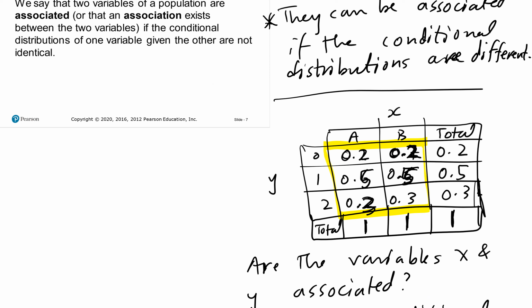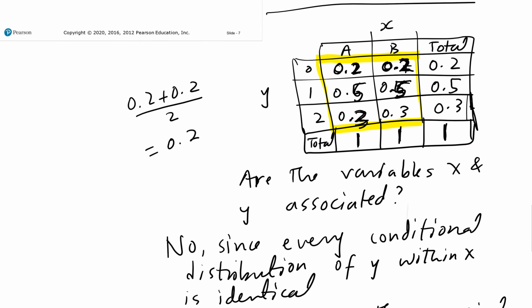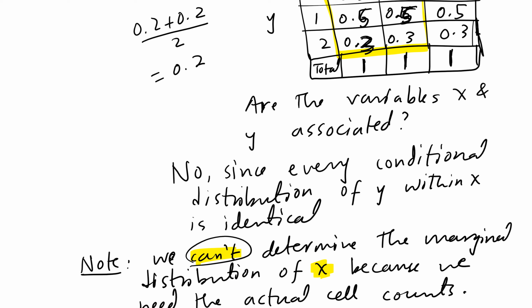Since these percents are the same along the rows, because you have two of them, you take 0.2 plus 0.2 divided by 2, which gives you 0.2. The same thing happens with the second row and the last row. But look at the entries in the columns, 0.2, 0.5, 0.3, they are different. That's why we can't find the marginal distribution of X, but we can for Y.